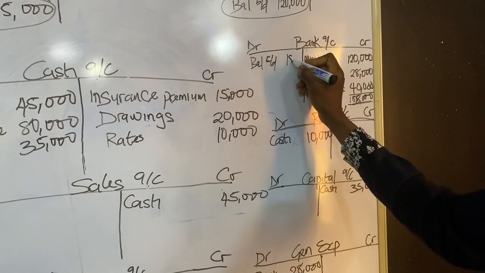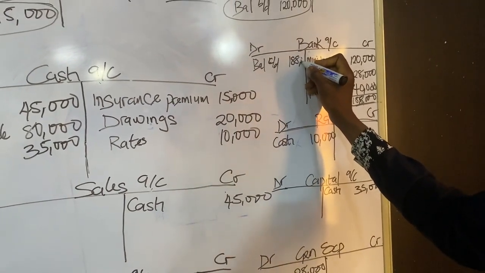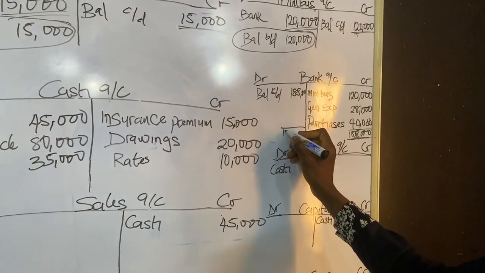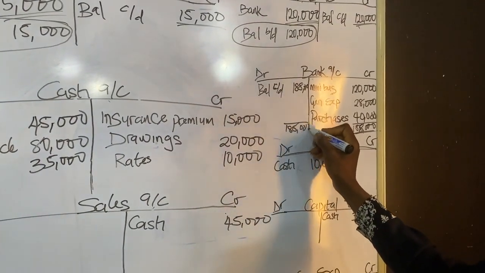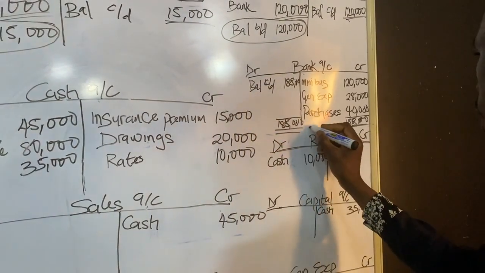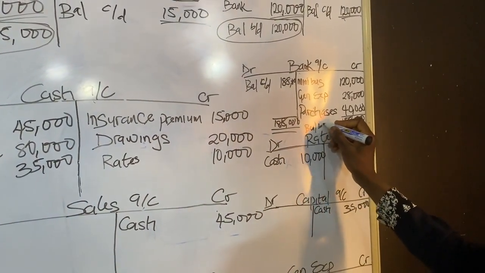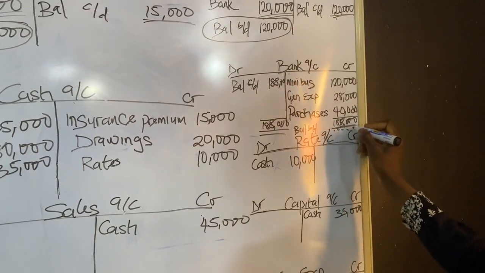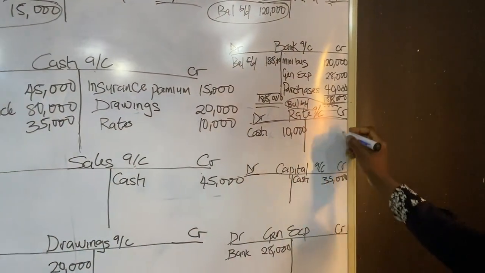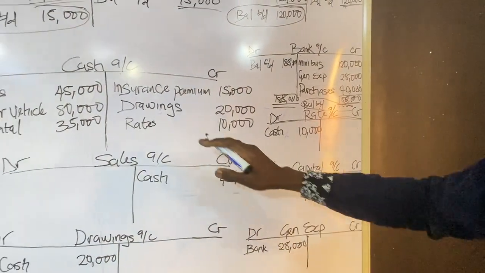It will now be 188 too, to make it balanced, and you bring this balance down to now balance brought down. Same amount, 188, and this is what goes to your trial balance. Same thing applies to your capital and everything.